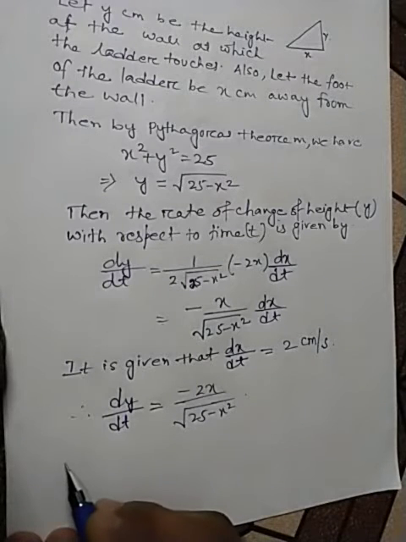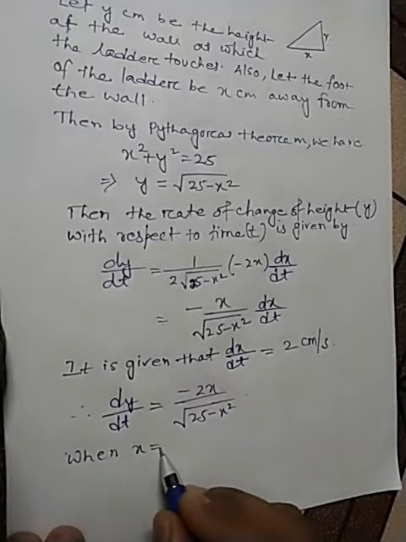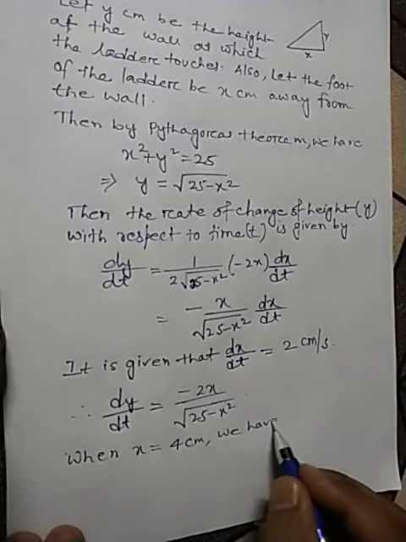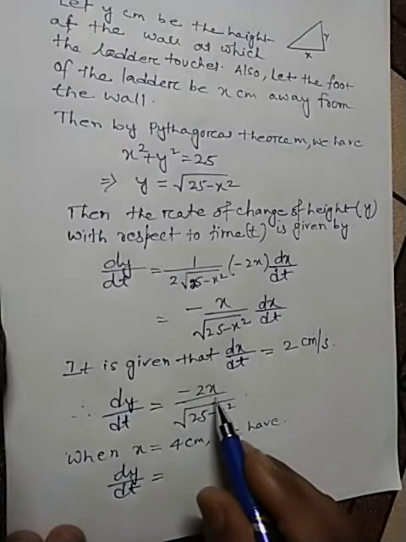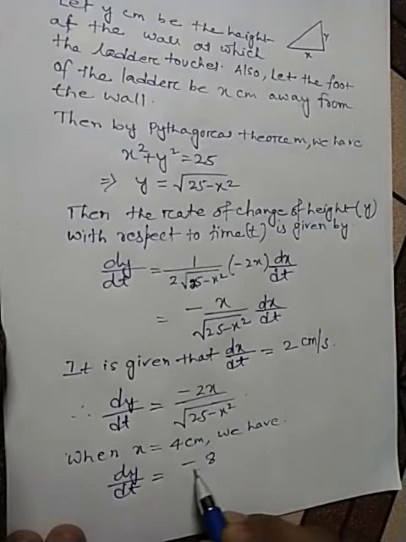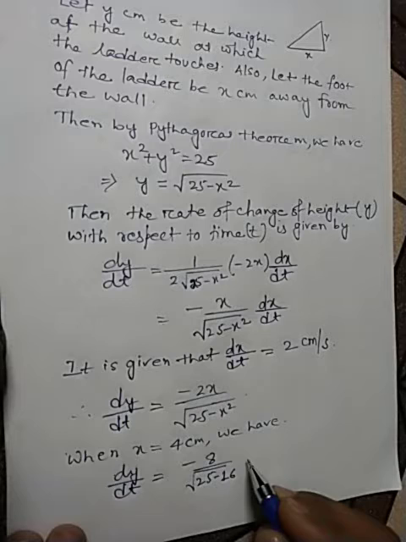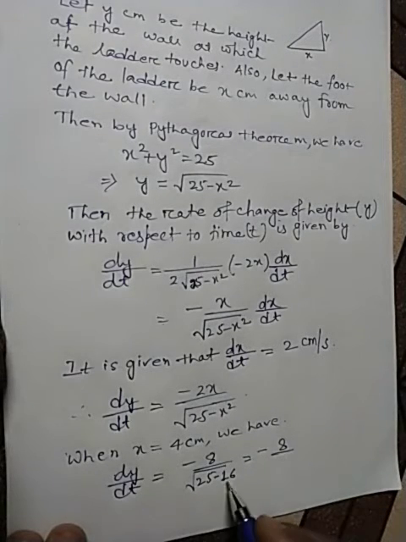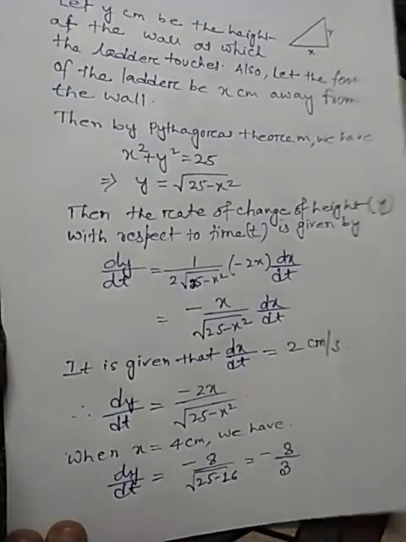Also, when x equals 4 centimeters, we have, replace x by 4, so dy by dt equals minus 8 divided by root of 25 minus 16, that is 9. So you are getting 3.